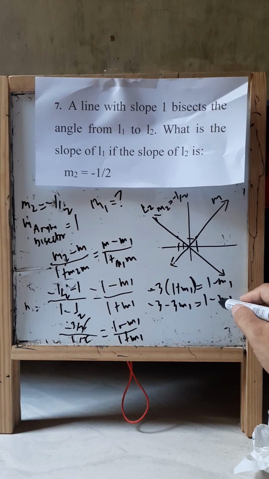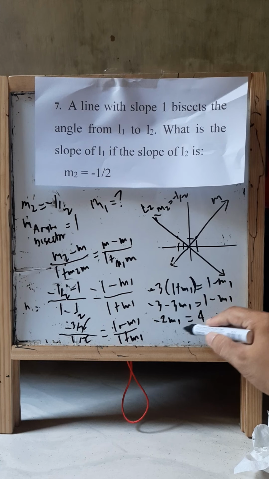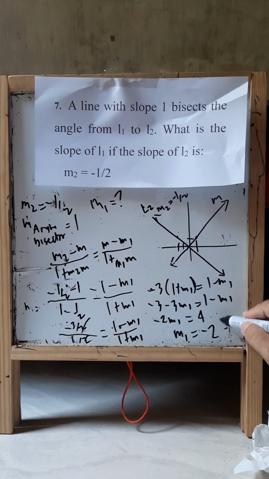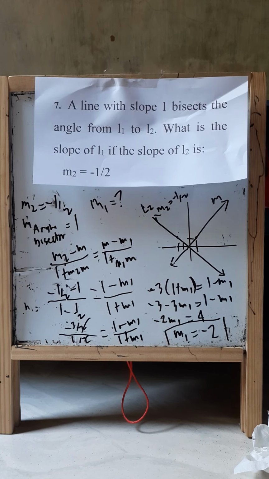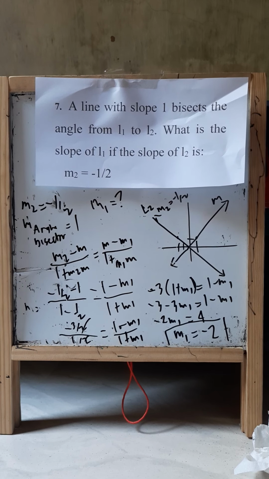Negative 3 m sub 1 plus m sub 1 is negative 2 m sub 1 equals 1 plus 3 is 4. Therefore, m sub 1 is negative 2. So therefore, the slope of line 1 is negative 2. So that's the slope of line 1.